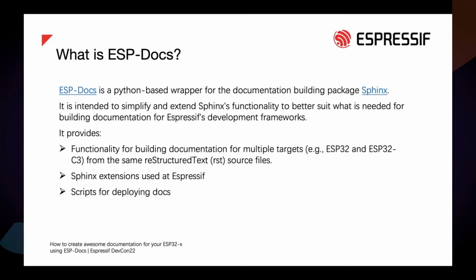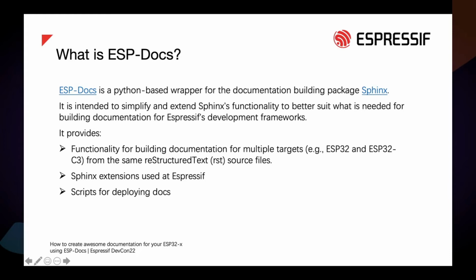And what is ESP Docs? ESP Docs is a Python-based wrapper for the documentation building package Sphinx. It is intended to simplify and extend Sphinx functionality to better suit what is needed for building documentation for Espressif development frameworks. It provides functionality for building documentation for multiple targets.